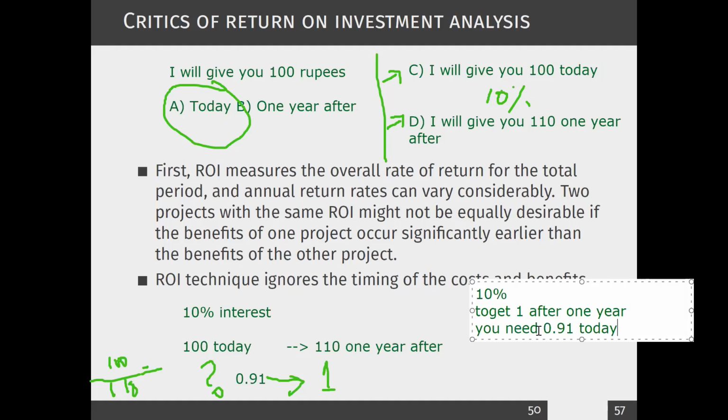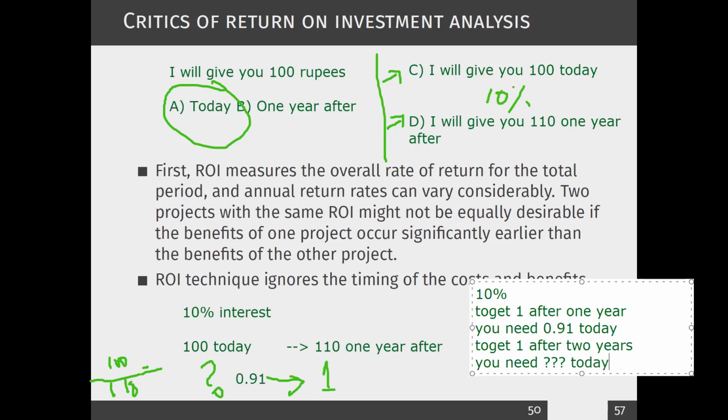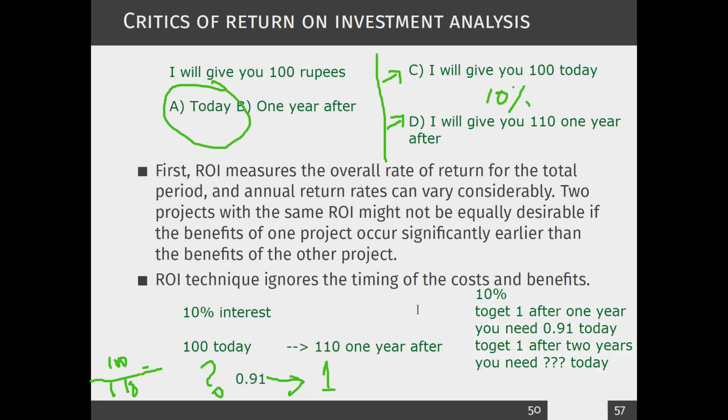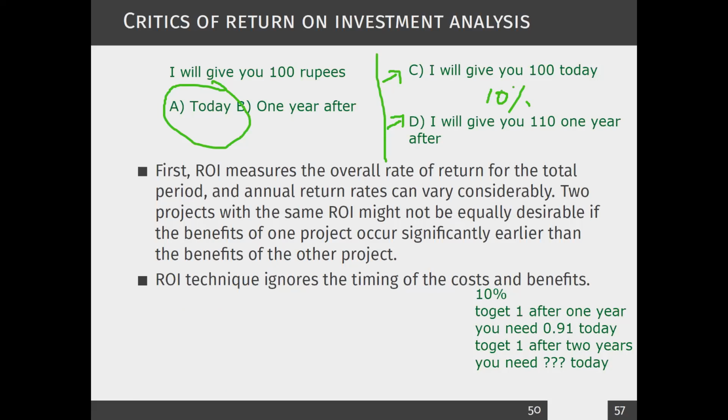Now I'm going to ask a question again. Now to get 1 after 2 years, how much do you have to have today? How do you calculate?